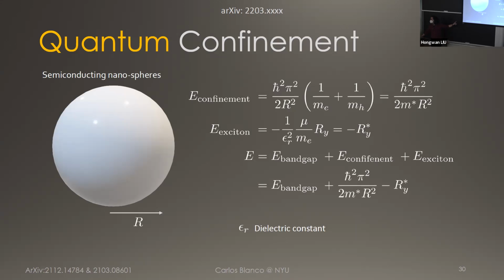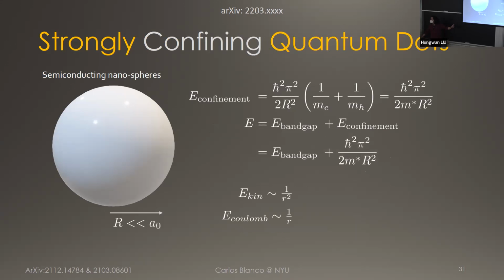Now, depending on the size, you can actually get rid of the exciton energy by making the quantum dot sufficiently small. The Bohr radius of this exciton is much larger than the radius of the quantum dot, and then you're really just modifying the band gap by a particle in a box state. So for all intents and purposes, the band edge is replaced by single particle states.